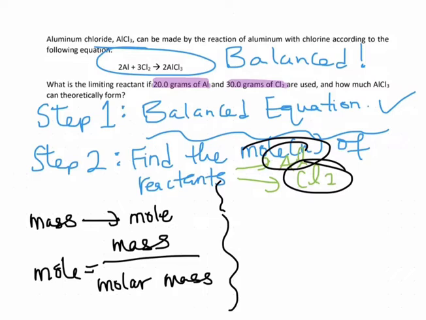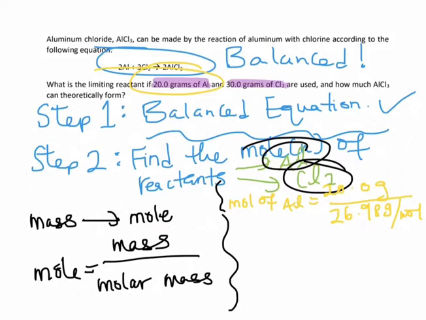So mole of aluminium, okay, so we're going to take the mass over here, which is 20.0 grams over, and then when you look at the periodic table, the molar mass of aluminium will be 26.98 gram per mole.